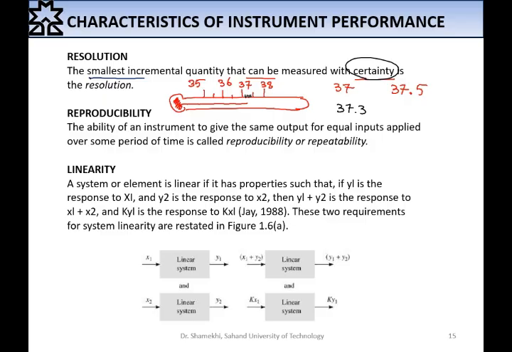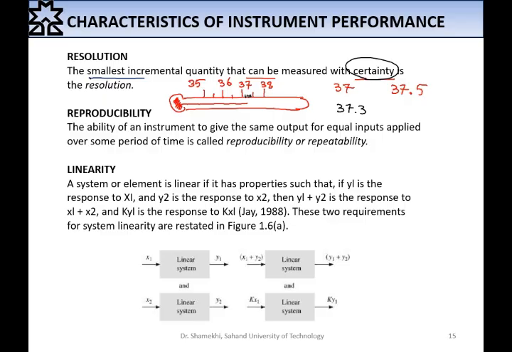The next characteristic is reproducibility. That means the ability of an instrument to give the same output for equal inputs applied over some period of time. And also we can use repeatability.